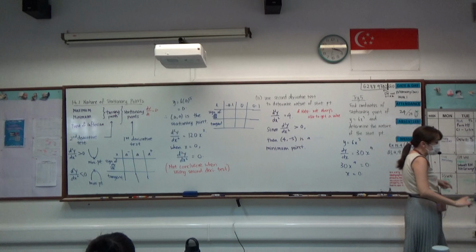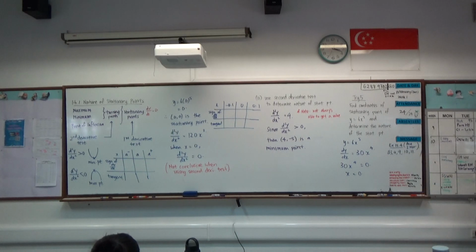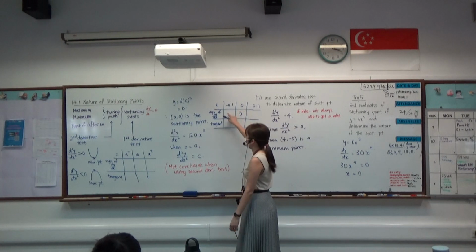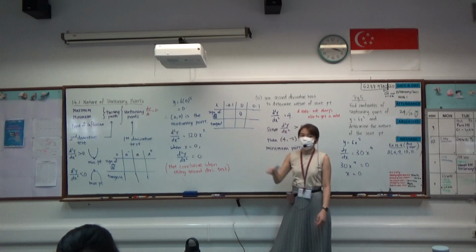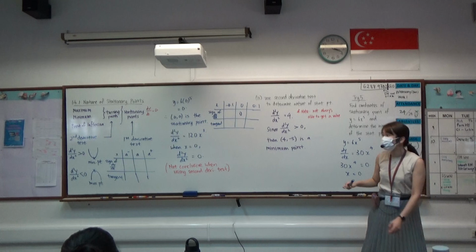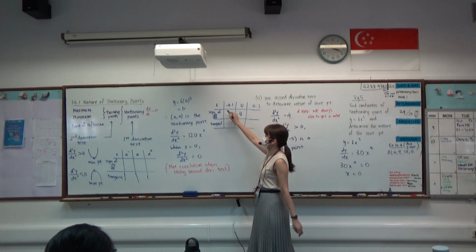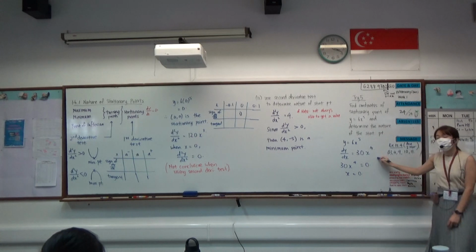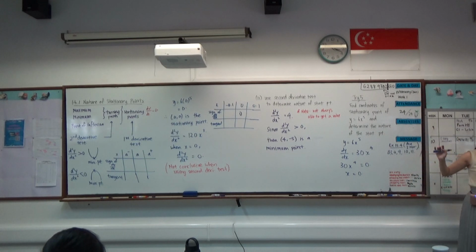Alright, could you key into your calculator now? Tell me what is the sign that you get for dy over dx. So you substitute negative 0.1 into dy over dx here, right? And tell me what is the sign. Will you do that now? You press in the calculator.